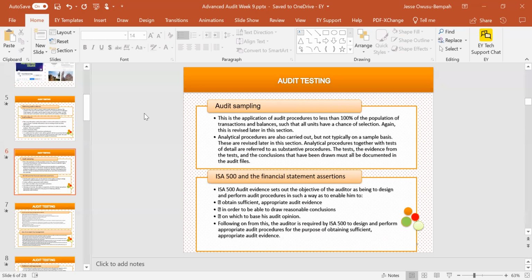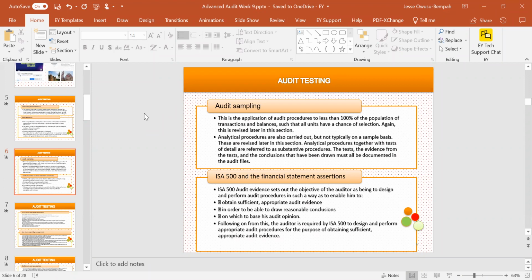So what the auditor does is to test a sample. Here we said that audit sampling is simply the application of audit procedures to less than 100% of the population of transactions and balances.